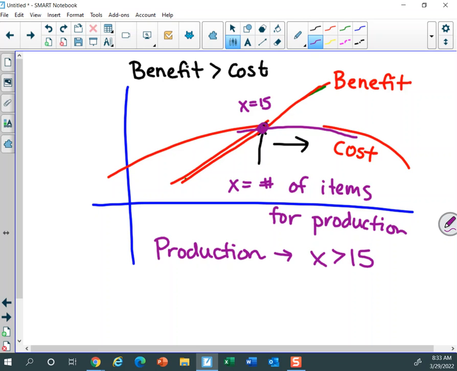Because if we're less than 15, our costs are above our benefits, and we want our benefits to exceed our cost. So wherever that intersection point is, where benefit starts to be greater than cost, that's what we're looking for in the second part of the lab.